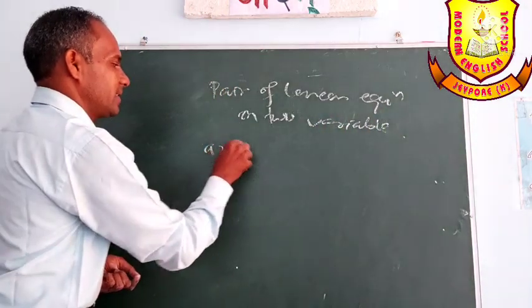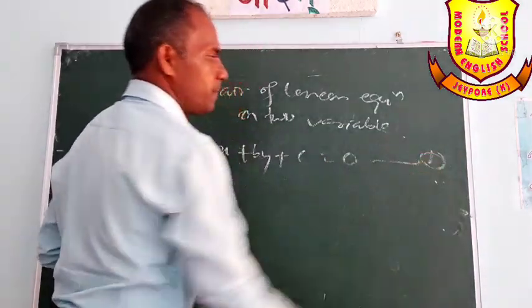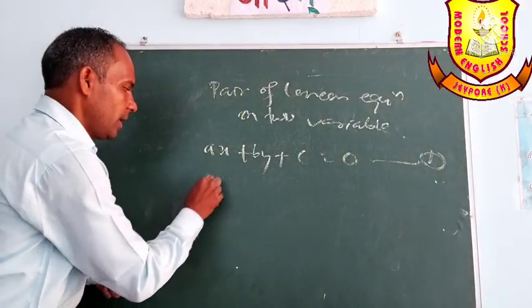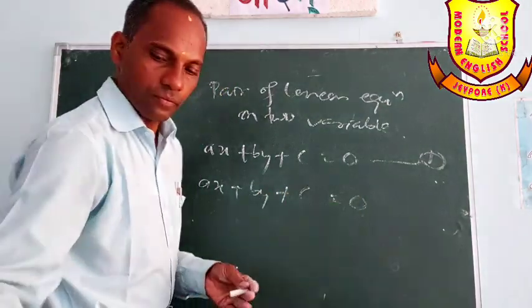So AX plus BY plus C equal to 0 is one equation, and another equation is also AX plus BY plus C equal to 0.